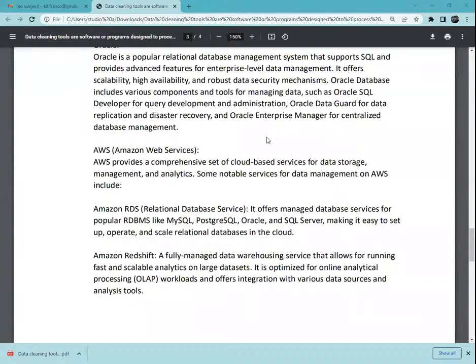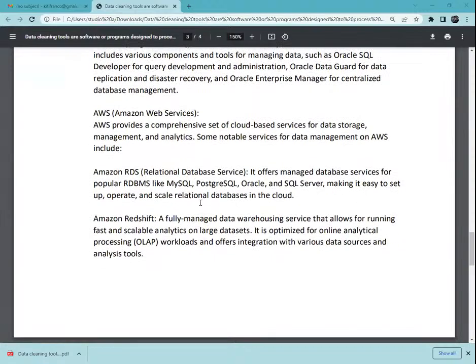Some notable services for data management on AWS include, very important, Amazon Relational Database Service. It offers managed database services for popular relational database management systems, like MySQL, PostgreSQL, Oracle.